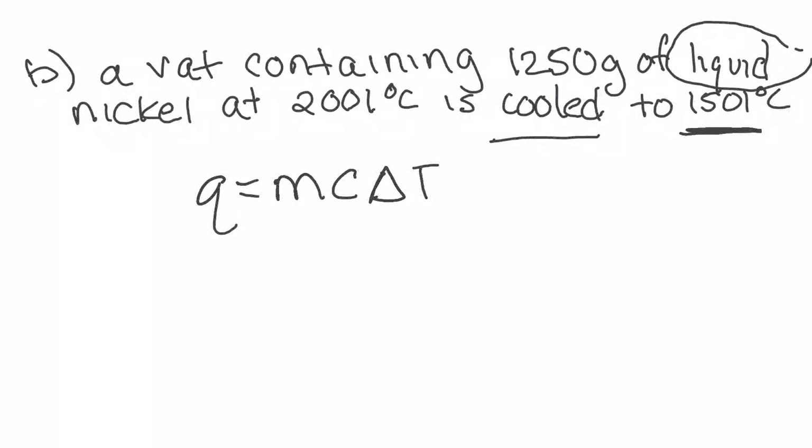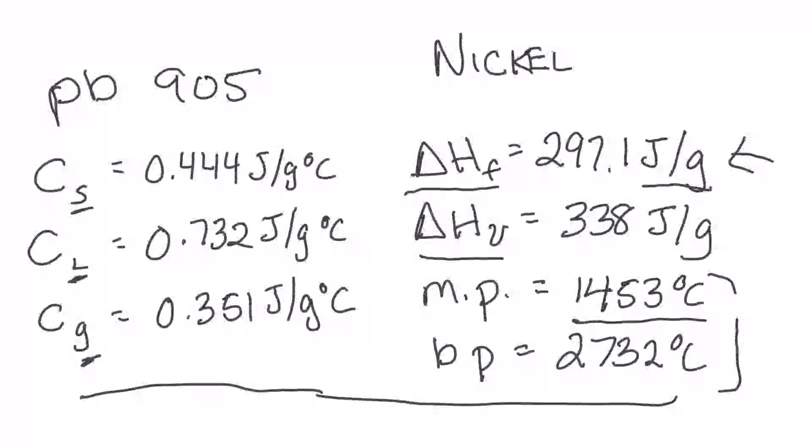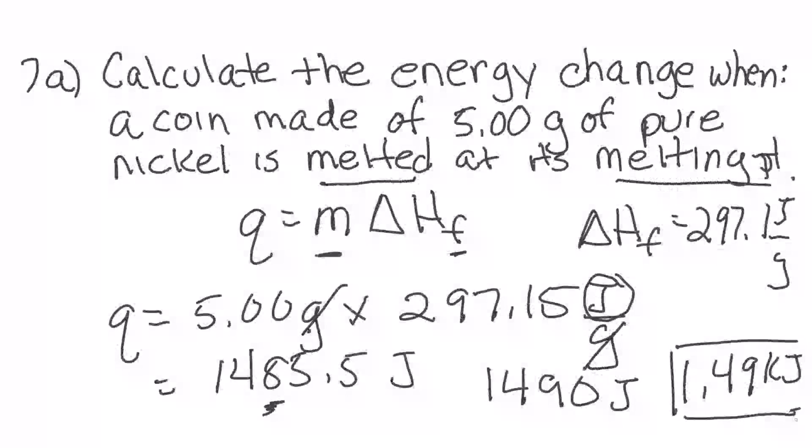So once I've picked the right equation, I'm going to remember that the C needs to be for the liquid because I'm in liquid form. I'm going to plug in my values then. So Q equals M, the mass is 1,250 grams. The C value for this, let's go look that up. The C of the liquid is 0.732 joules per gram degree Celsius.